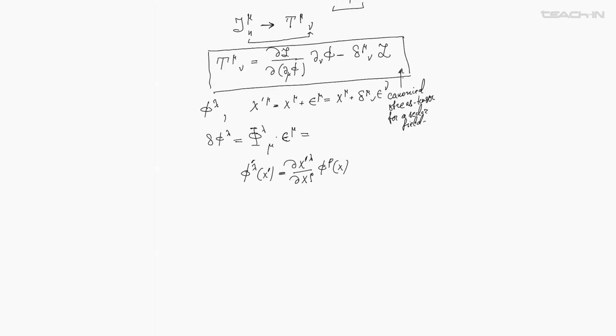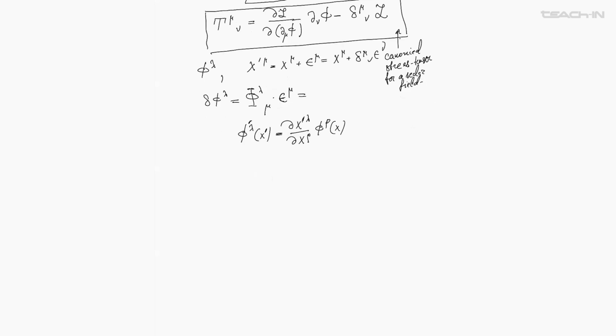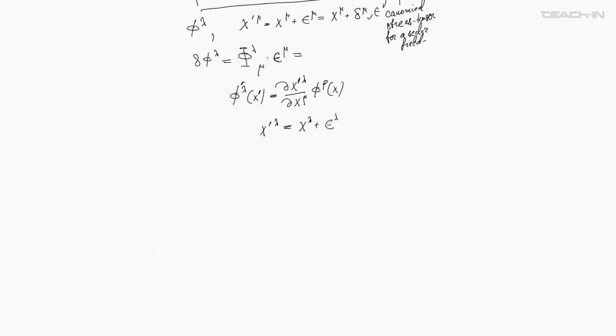So infinitesimally, x prime lambda is x lambda plus epsilon lambda. And you see that in this case, the derivative dx prime lambda over dx rho is simply the derivative of epsilon lambda over dx rho, but epsilon lambda is constant, and therefore this derivative vanishes.